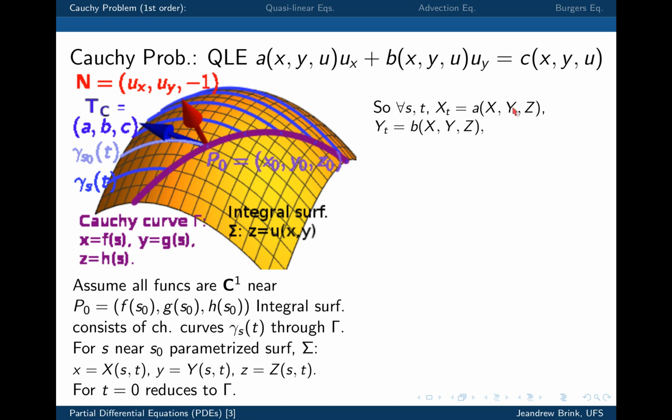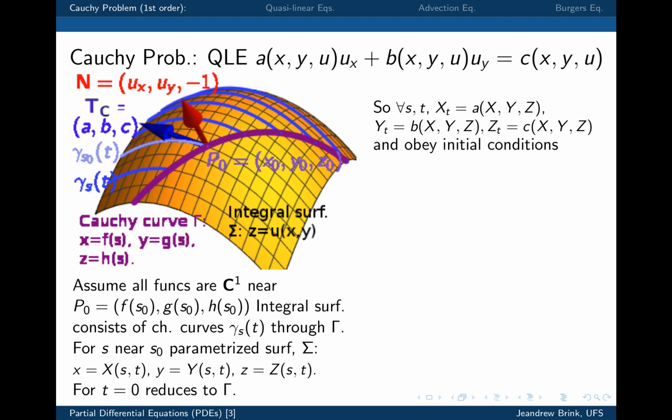The derivative of Y with respect to t is simply given by B, and the derivative of Z with respect to t is simply given by C. If there's still vagueness here, you do need to go back to the previous lecture and see where it comes from, because it comes from the definition that these blue lines are characteristic lines, and the definition is that the tangent to the blue lines is equal to (A, B, C). So that's where that expression comes from. I'm just rewriting in a consistent formulation what we said last time.